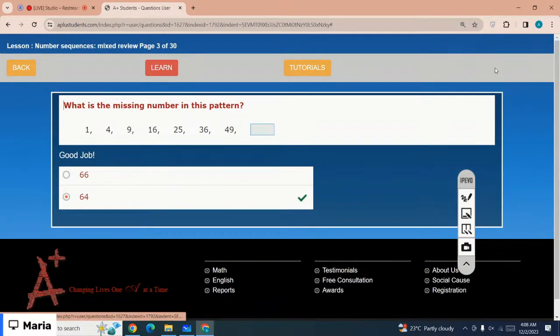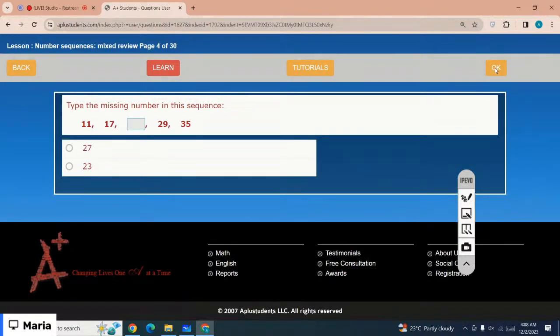Okay, for the next number, you have to identify the pattern and find the missing number. Okay, which is the correct option? What is the pattern and which is the missing number?